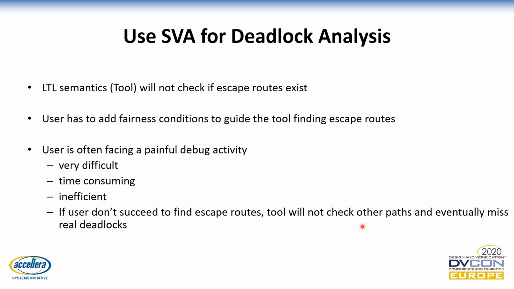User is asked to add constraints to escape the deadlock. Debugging process is very painful. More interestingly, there is a risk to keep real deadlock if user doesn't succeed to find escape routes. For example, the tool will not check other paths and eventually miss real deadlocks.